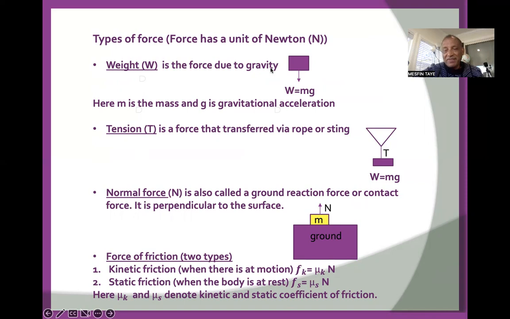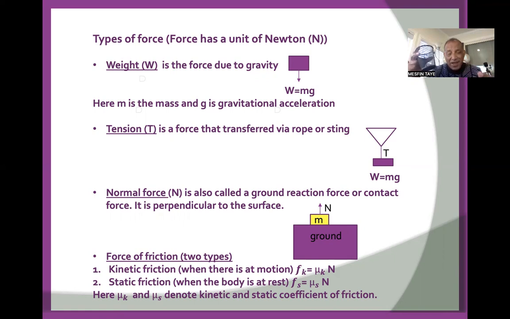For example, if I have a mass m, it is under the influence of gravity, and gravity is pulling it down. This mass times gravity, which is 9.8 meters per second squared, gives me the weight. The weight is mass times gravity. As long as you have mass on this planet, you have weight.